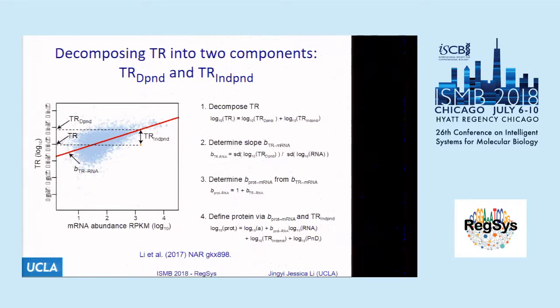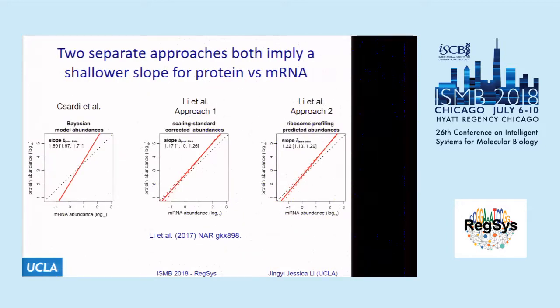With a good estimate of the slope between translation rate and mRNA, we can get a good estimate of the slope between protein and mRNA. We reanalyzed the Csárdi et al. data, and we found a very good confirmation of our hypothesis. This is what we get from that approach. We first estimated the slope between translation rate and mRNA abundance, and then we add 1. Using this approach, we get a slope of about 1.22.